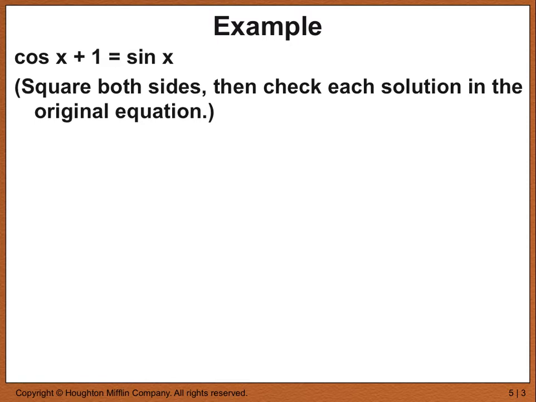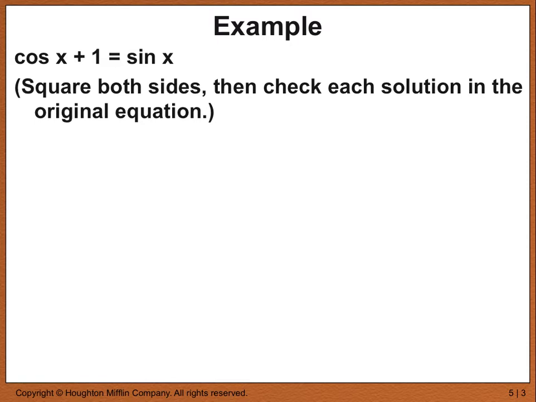The next part is a little less intuitive: checking each solution in the original equation. The reason you have to do this is that when you square both sides, you're introducing a possible discrepancy in sign. When you square a negative, you end up with a positive. Since you're artificially squaring both sides here, you do have to check in the original equation, because the original equation is the one with both sides unsquared.